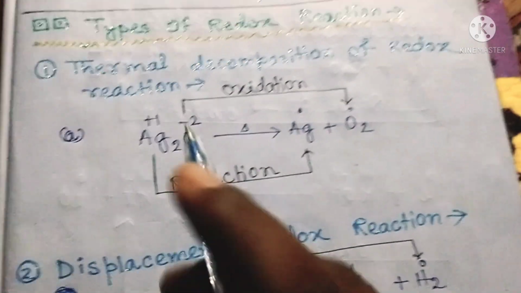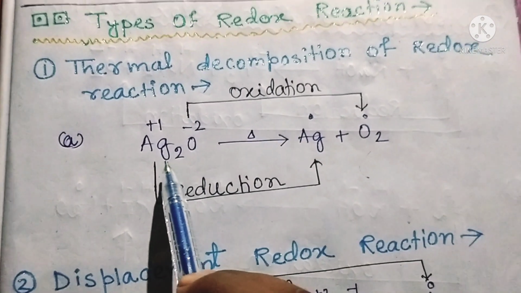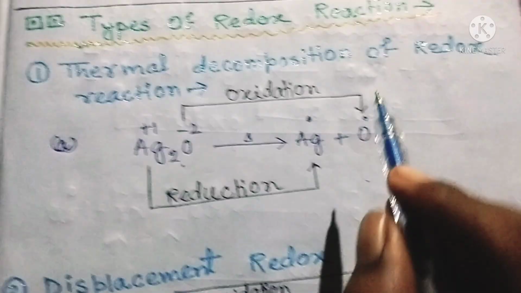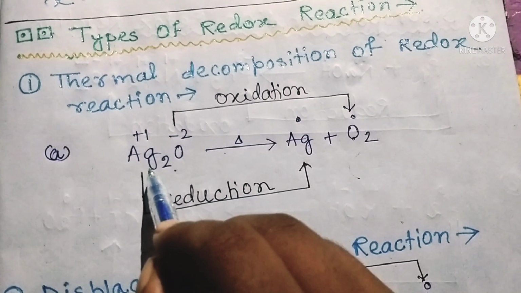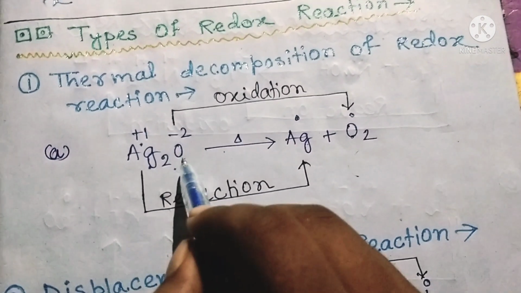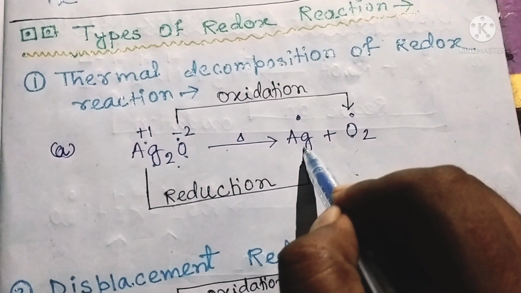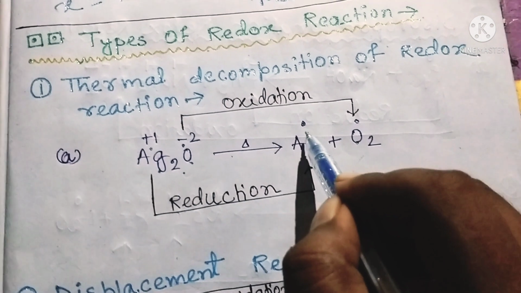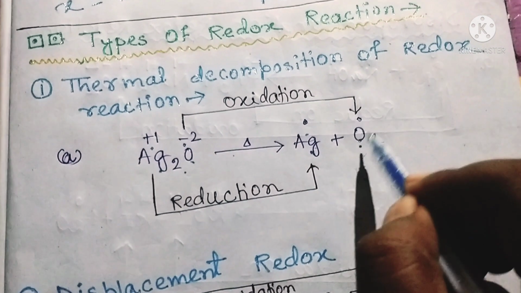So what is an example of thermal decomposition redox reaction? Here we take Ag2O. When we heat this, we get Ag plus O2. In this, Ag is in +1 oxidation state and oxygen is in -2 oxidation state, and this Ag is in elemental state, so the oxidation state is 0, and here also 0.